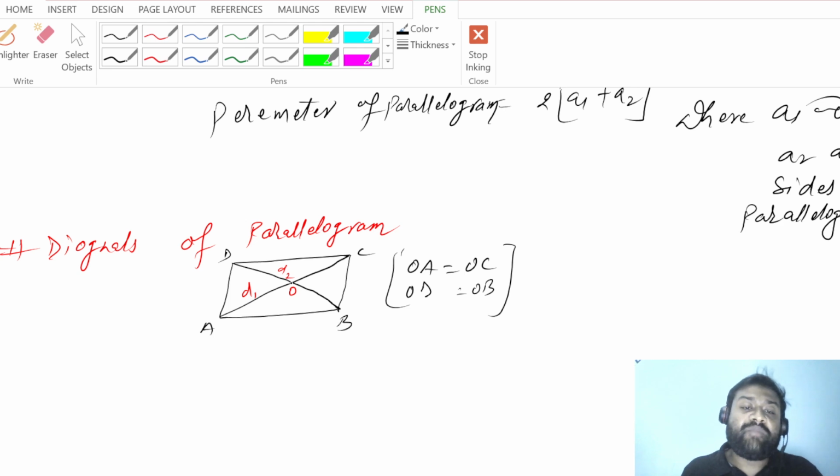This means it bisects at point O, and AC does not equal BD. So these are the diagonals of a parallelogram.